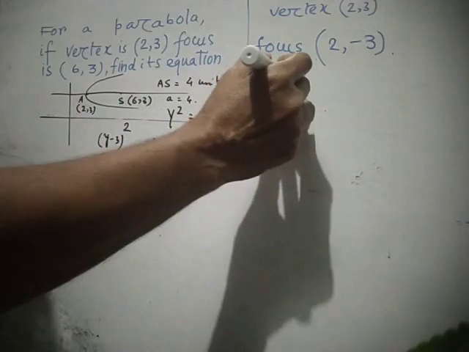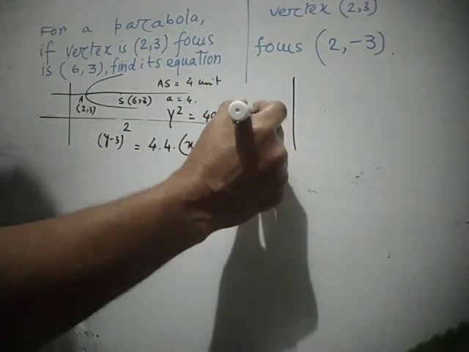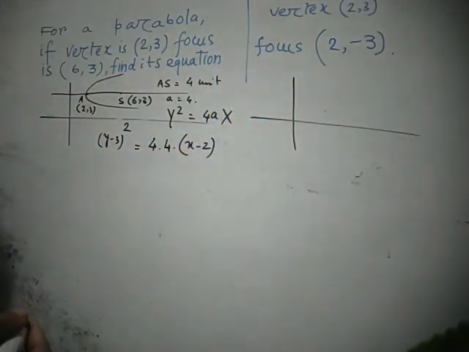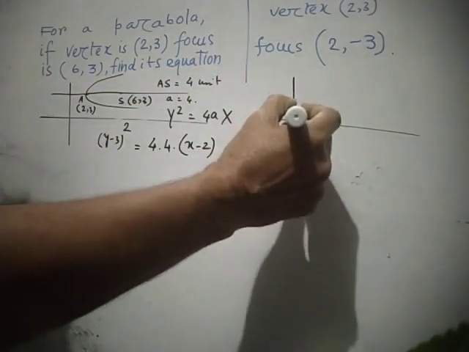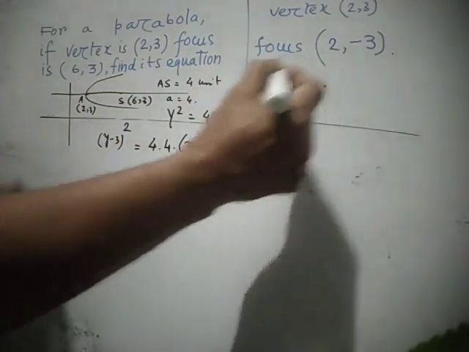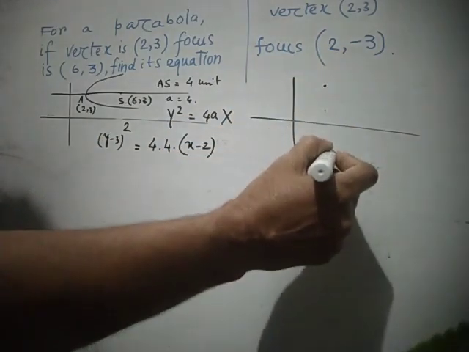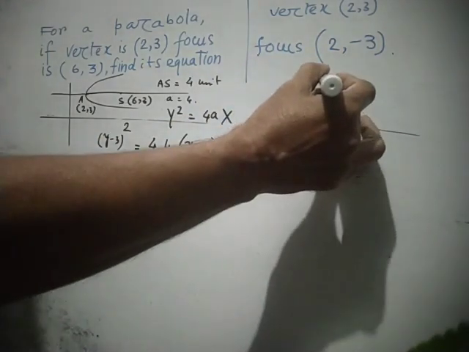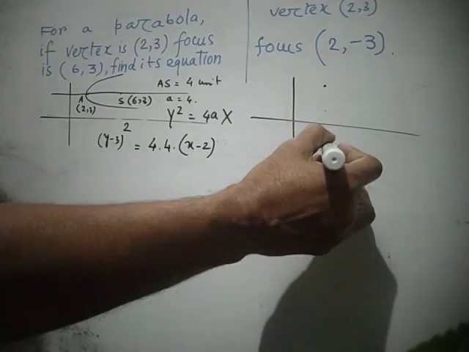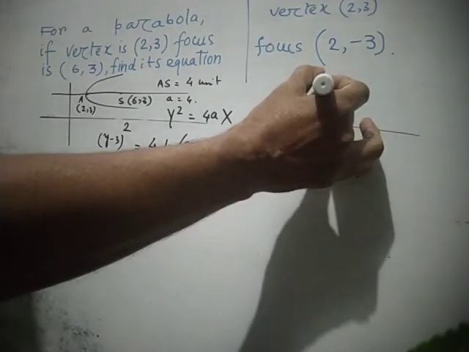For this sum, if we plot them on a graph, it will be like this: (2, 3) is the first point, the vertex, and the focus is (2, -3). So if the vertex is this and the focus is this, the parabola would look like this.